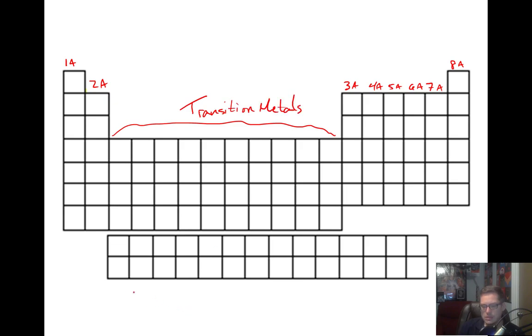And then these down here are the inner transition metals. Remember, these fit in right here. When we talked about electron configurations, you would go down here, 6s2, and then you jump down to 4f.